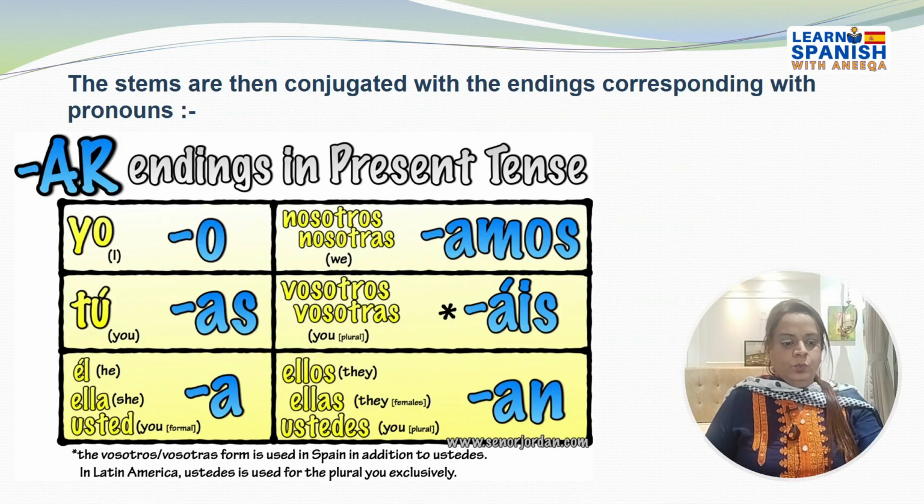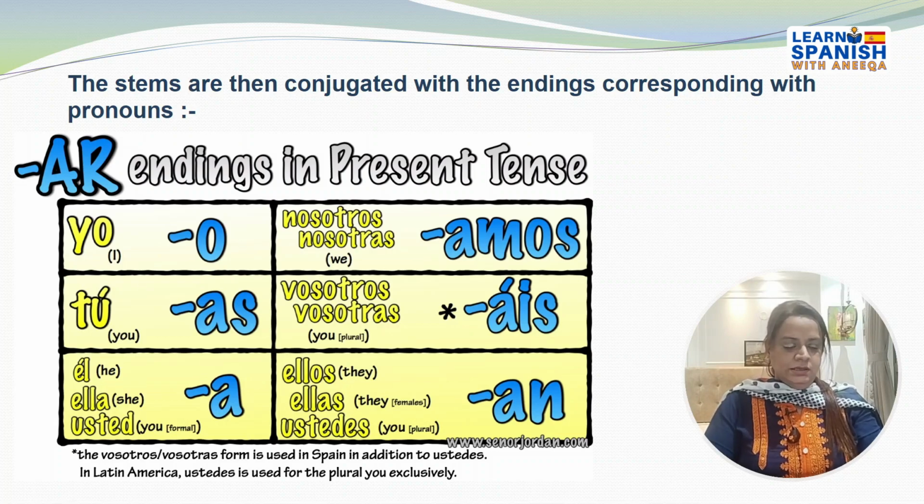And now what we have to do is that after we remove the base, we have to take the stem of the regular verb and conjugate it with the endings corresponding to the pronouns that I have discussed in my second video.